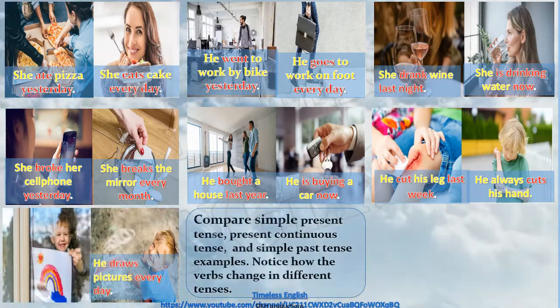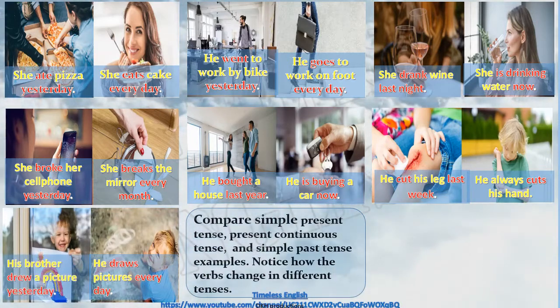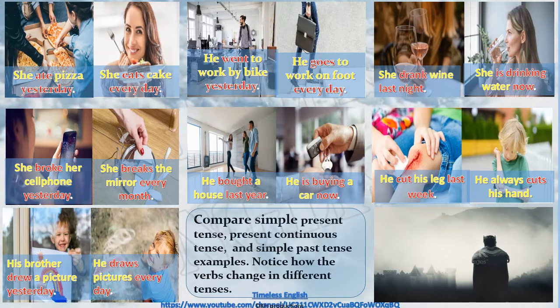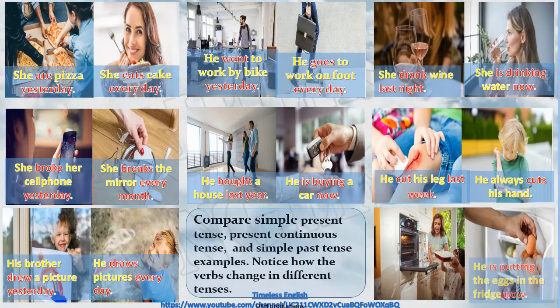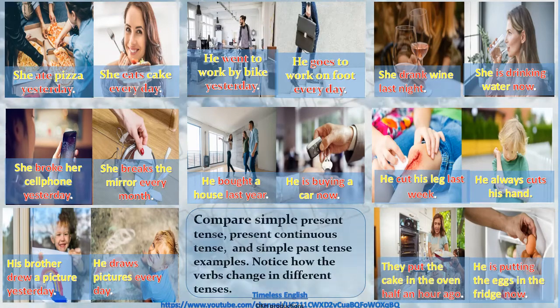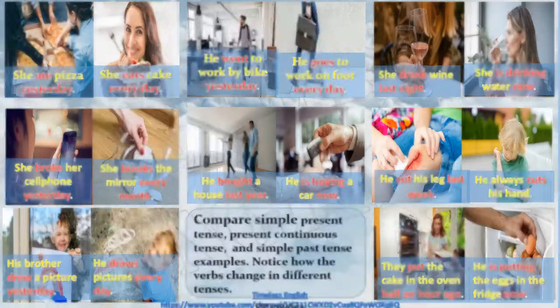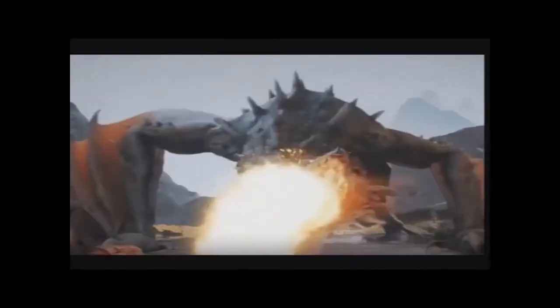He draws pictures every day. His brother drew a picture yesterday. He is putting the eggs in the fridge now. They put the cake in the oven, half an hour ago.